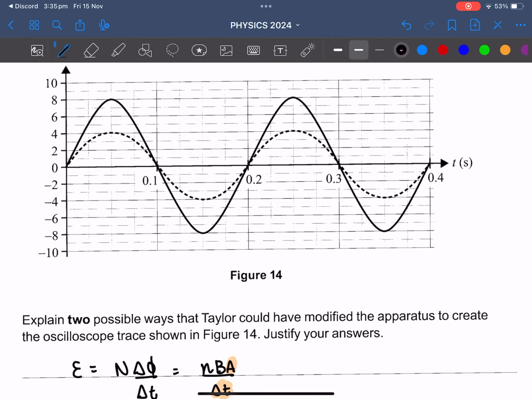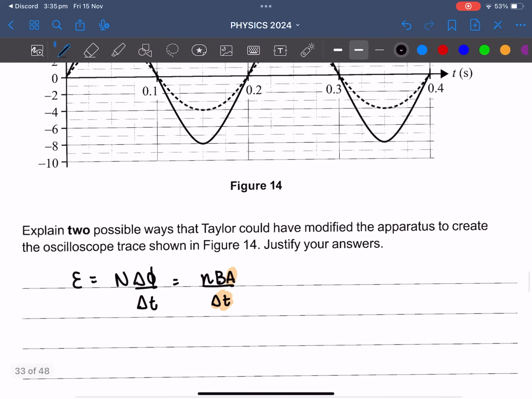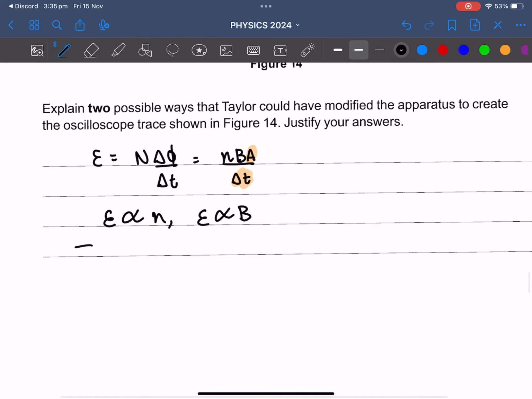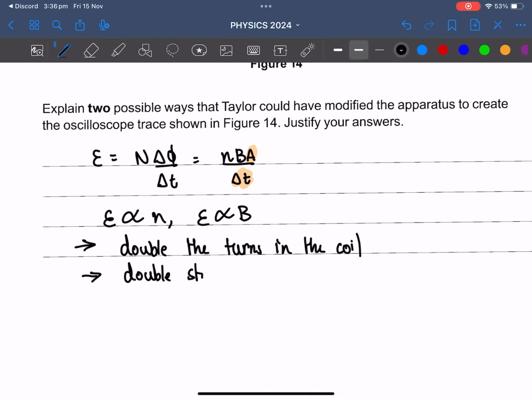So I guess we can say that the EMF is proportional to n, and it is also proportional to B. So that means 2 possible ways are to double the turns in the coil, and double the strength of the magnetic field.